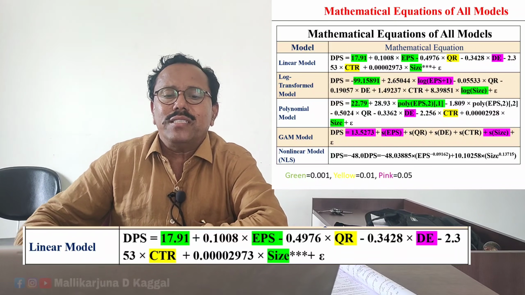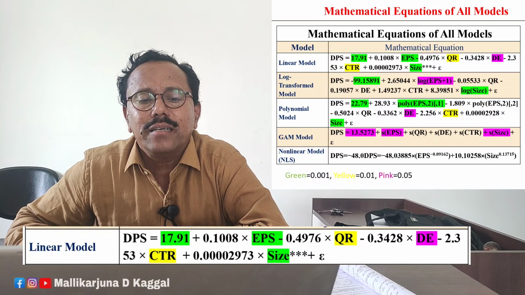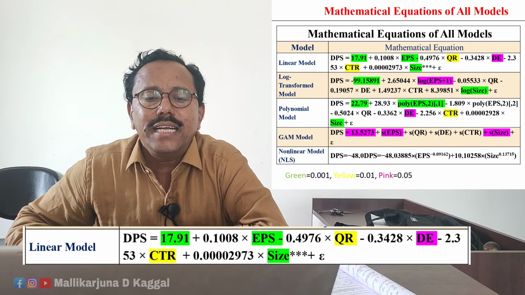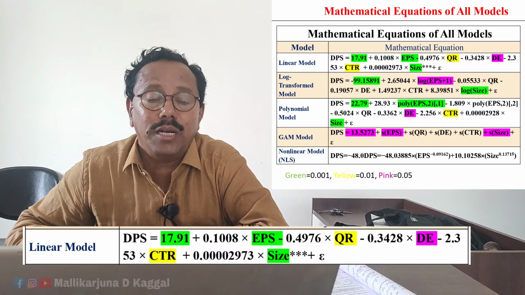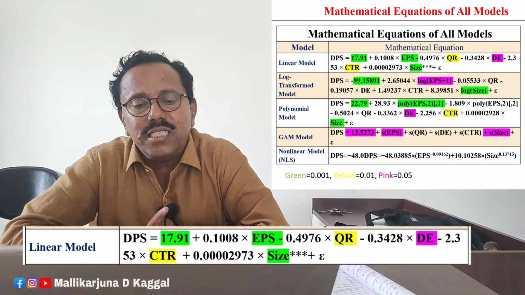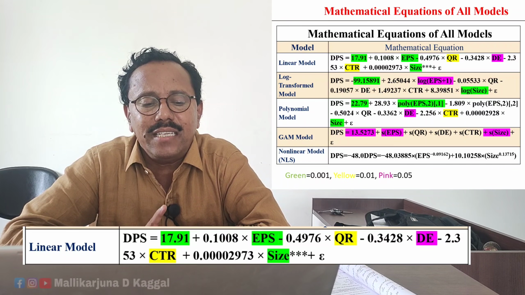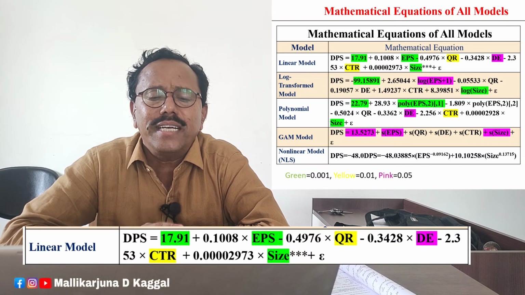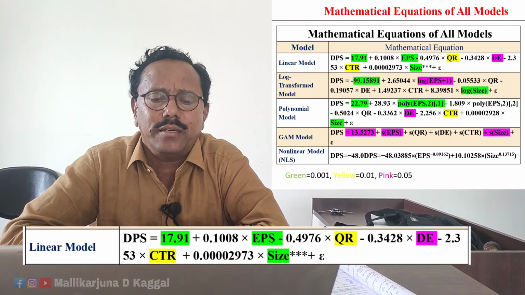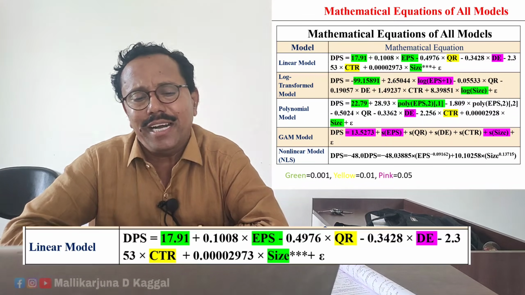Again here we have given some stars. Three stars is a more significant variable. Listen to me, the first star, wherever green color is there, is a very, very significant variable in contribution to the dependent variable.